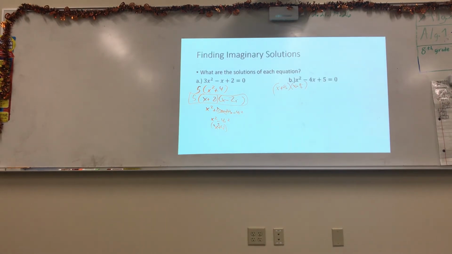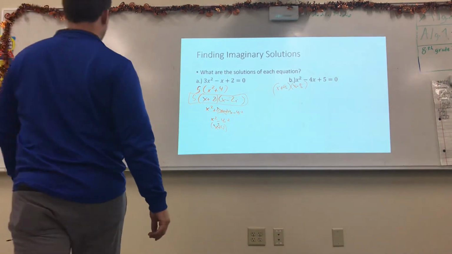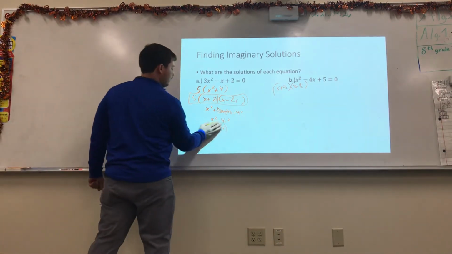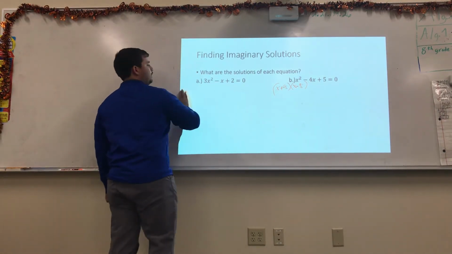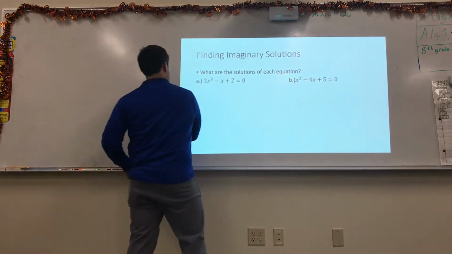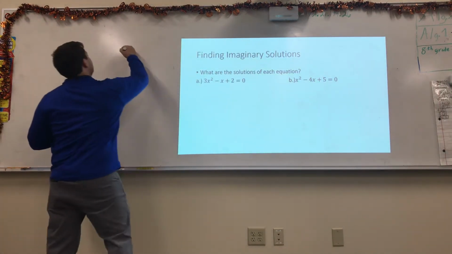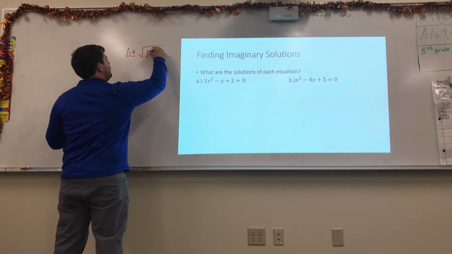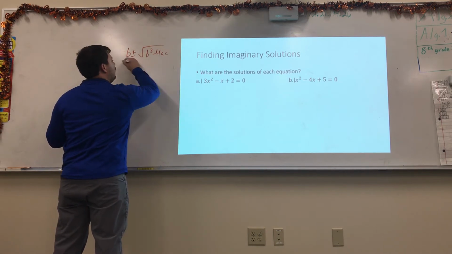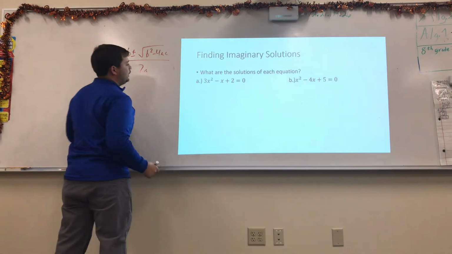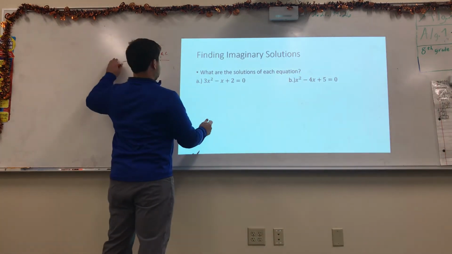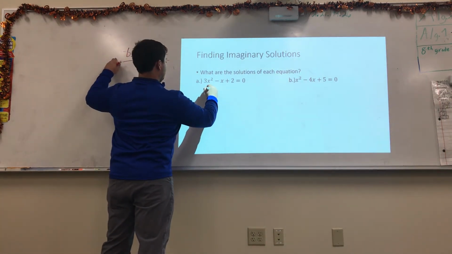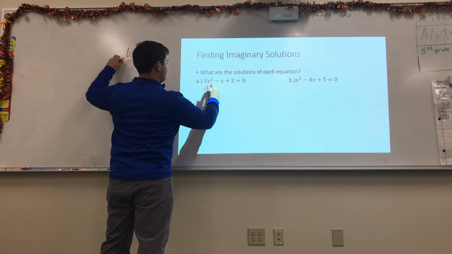What are the solutions of each equation? We've been learning about the quadratic formula 2 days ago. The quadratic formula is negative b plus or minus the square root of b squared minus 4ac, all over 2a. So b is negative 1, and it's minus, so this one becomes positive.